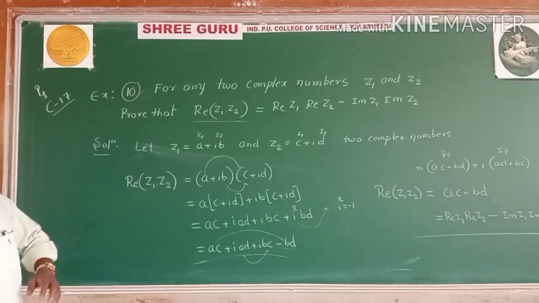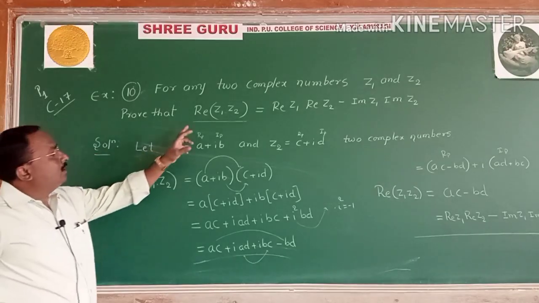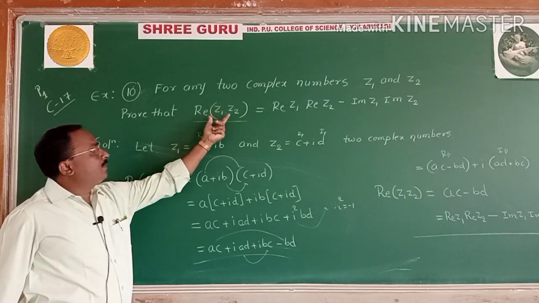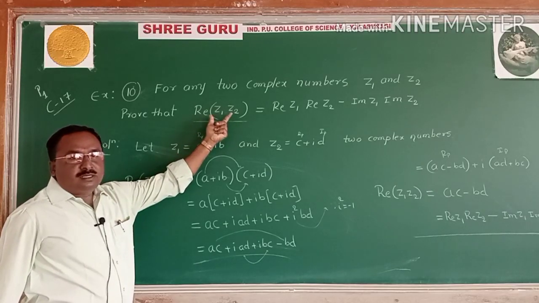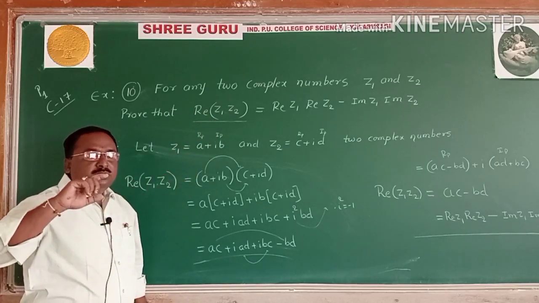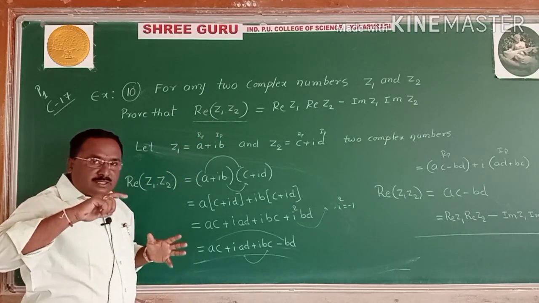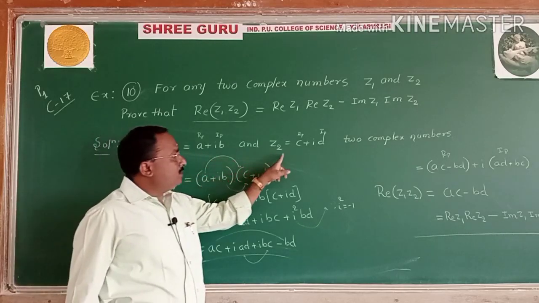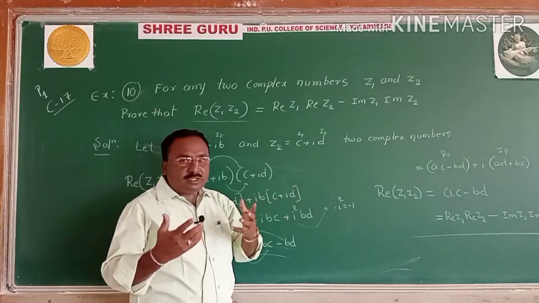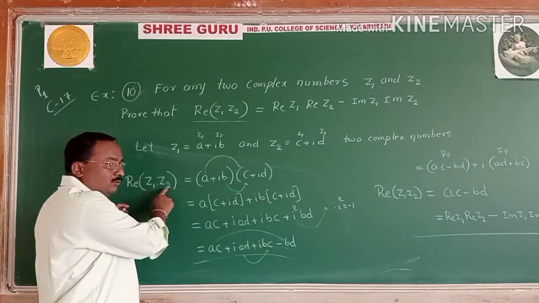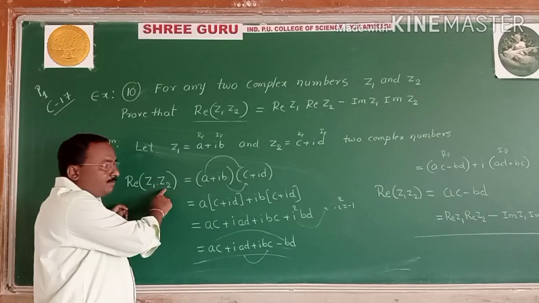Here take the real parts of Z1 and Z2, LHS, consider two complex numbers Z1 and Z2. Z1 is equal to a plus ib and Z2 is equal to c plus id, be two complex numbers. First find the product of these two complex numbers.